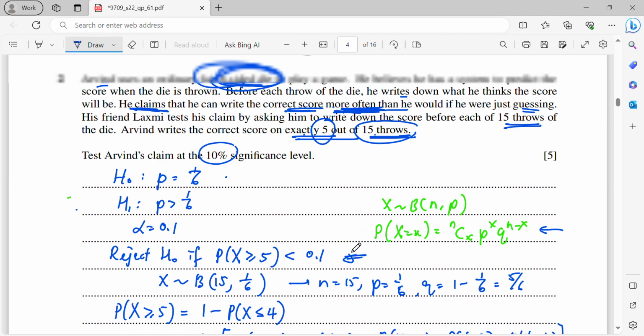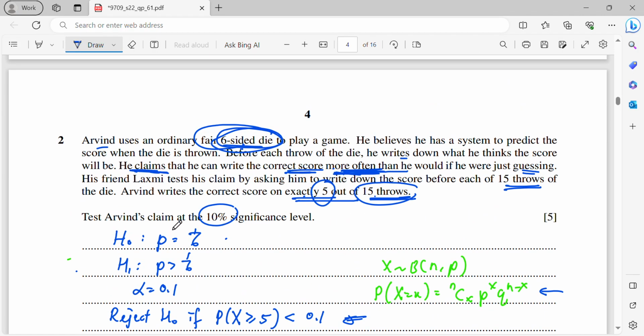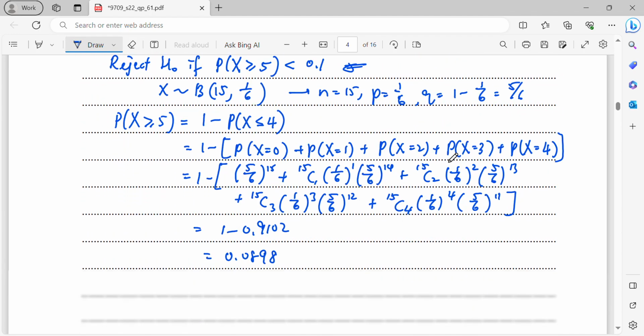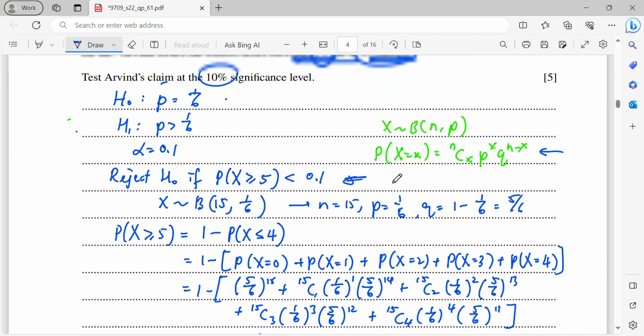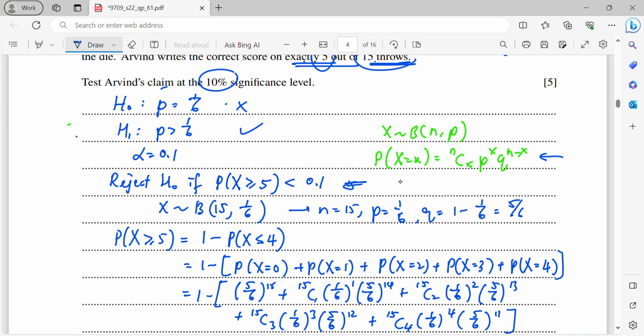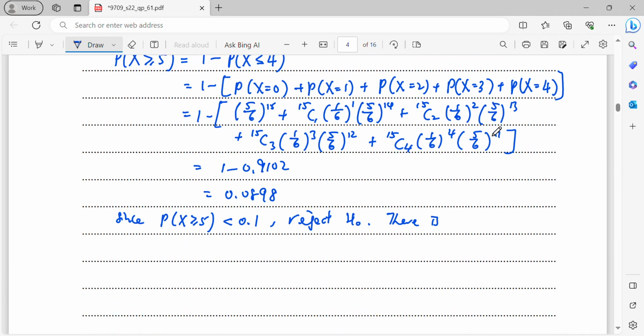When we reject H0, go back to the question. You want to test Arvin's claim. So there is sufficient evidence, because we have rejected H0. That means it is supporting H1, so p is greater than 1 over 6. It means that he can guess correctly.